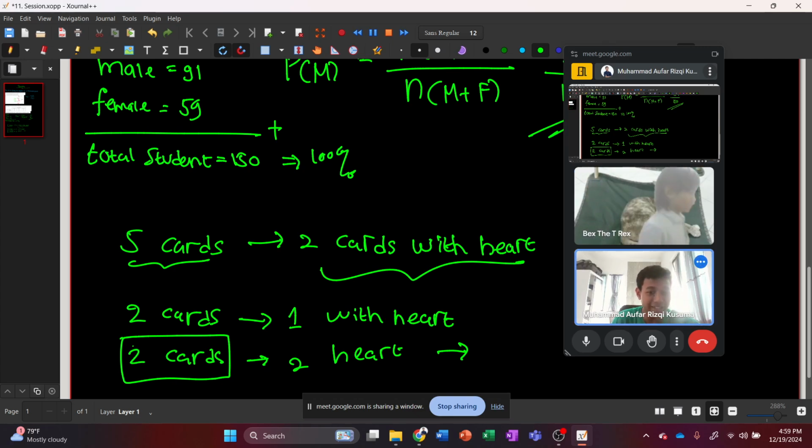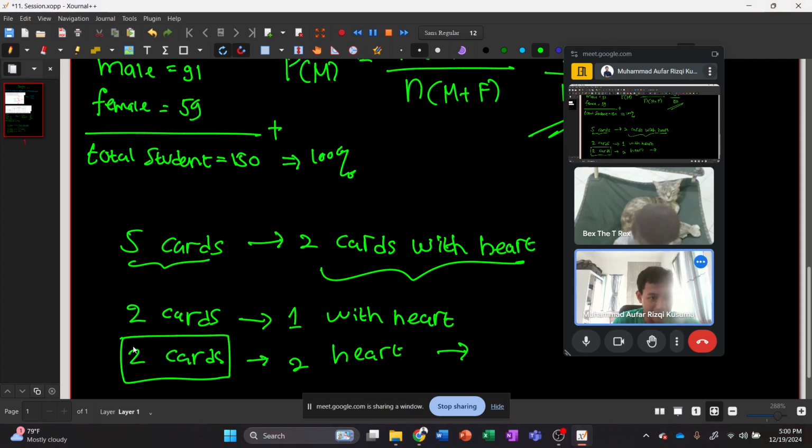You must be getting a heart, because all of the cards in the stack are hearts. It cannot be other than heart, right, Bex? It must happen. That's why the probability is equal to 1.